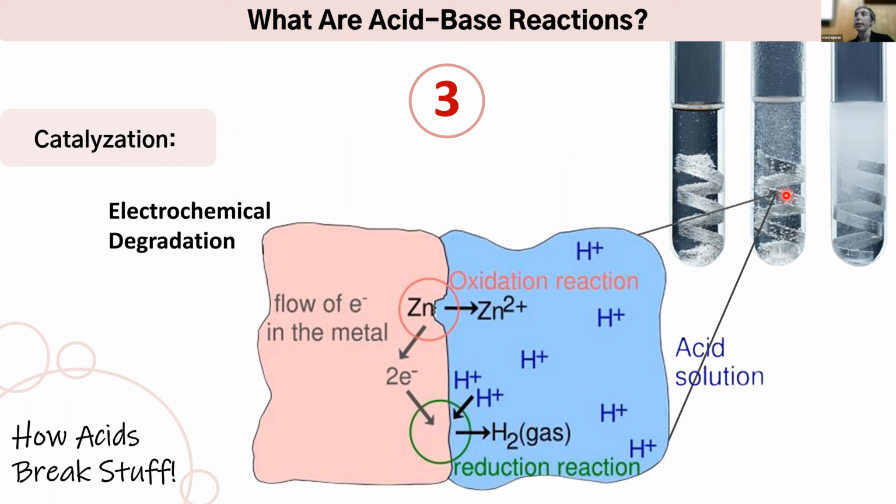Bubbles are a really good indicator in conservation, and other types of chemistry, that a reaction is happening, because this gas production, these bubbles, are a result of hydrogen accepting those electrons and becoming hydrogen gas. And then over here in the last one, you can see it's all nice and cloudy. That cloudiness is all that dissolved zinc metal that is now in solution. So you can see this dissolution by way of electrochemical degradation of metal artifacts in action.